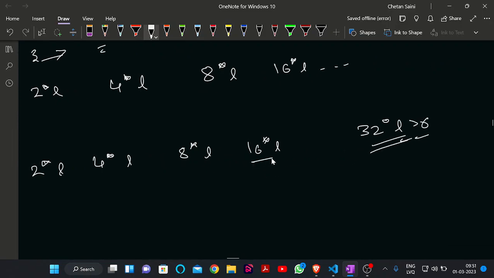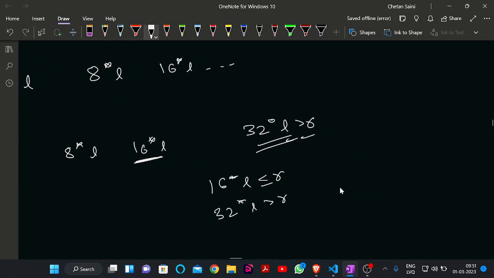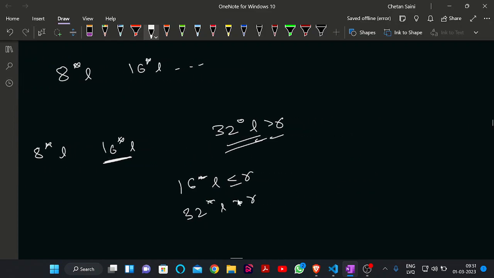So how to find this number, that we can only get up to 16 times L? What I am saying here is that 16 times L is less than or equal to R, and 32 times L is more than R. Then from this, R upon L will be more than or equal to 16, and R upon L will be less than 32.